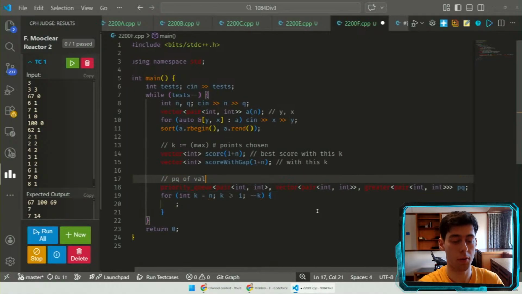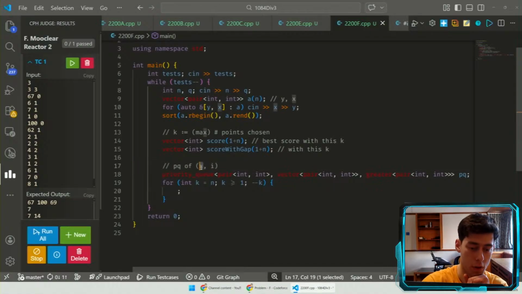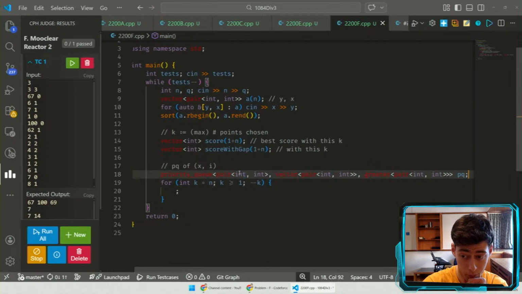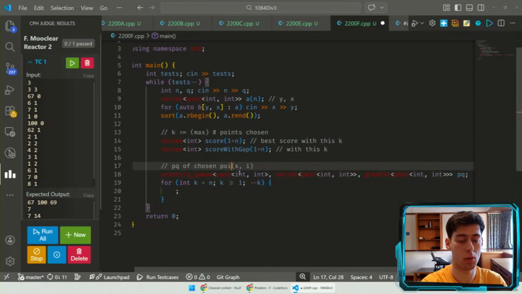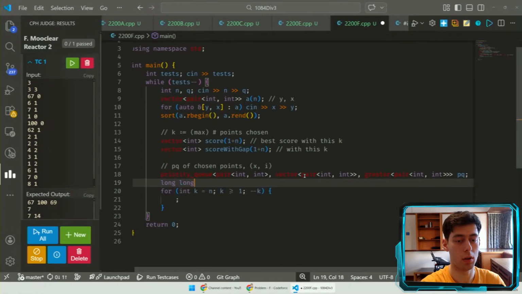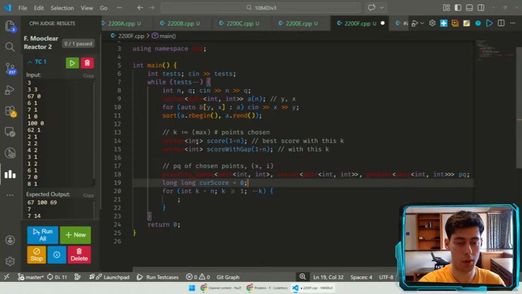Priority queue of xi, and I'm popping the one with the smallest x. Current score equals 0.